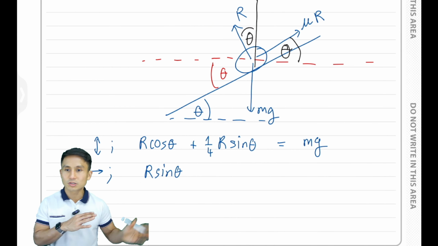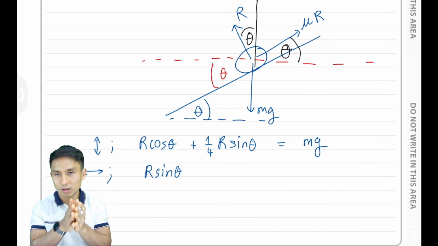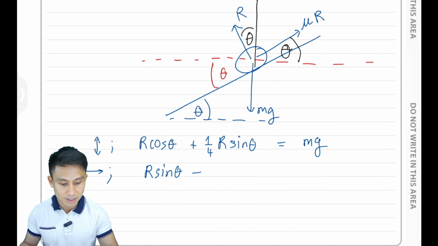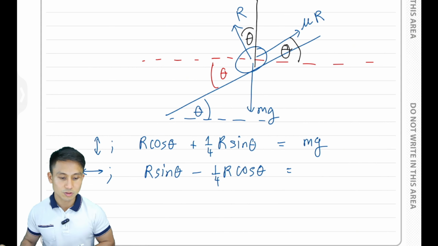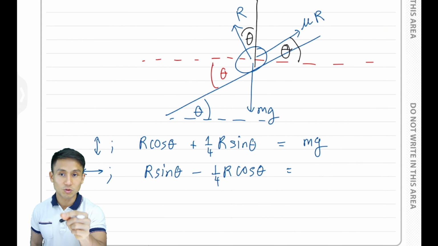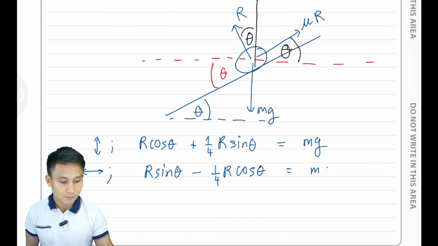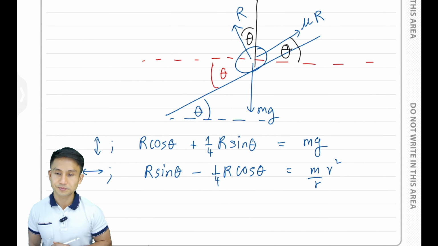And the only force competing with this is the mu R cos theta, right? So this is R sine theta minus mu R cos theta, and that would be put equal to the centripetal force, which is m v squared over r.